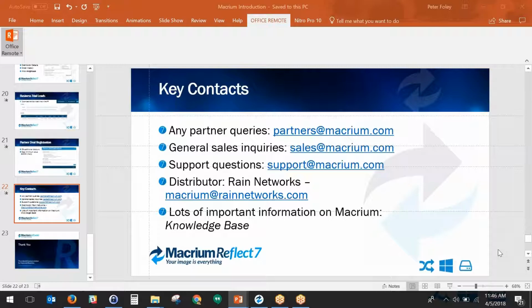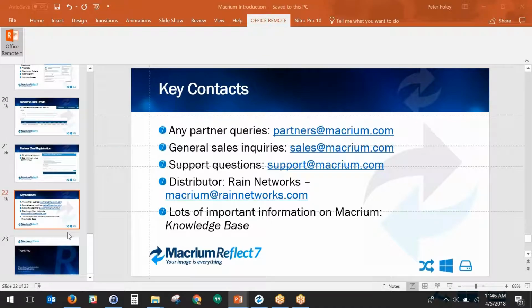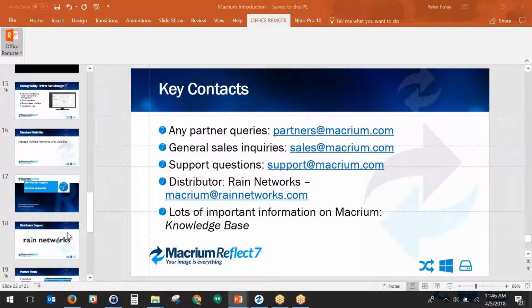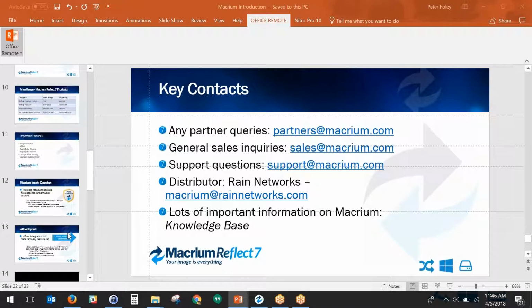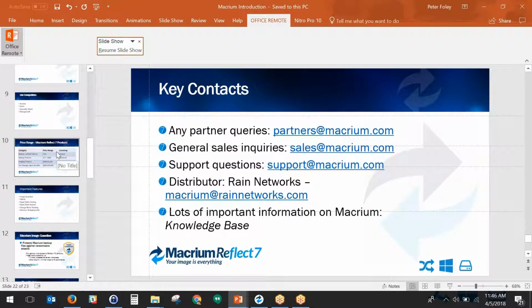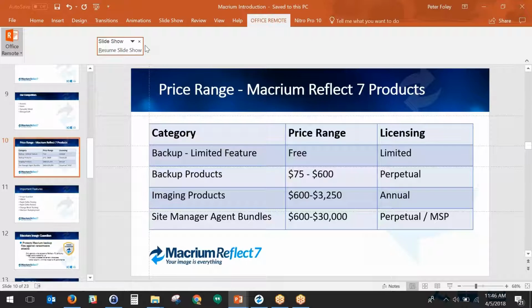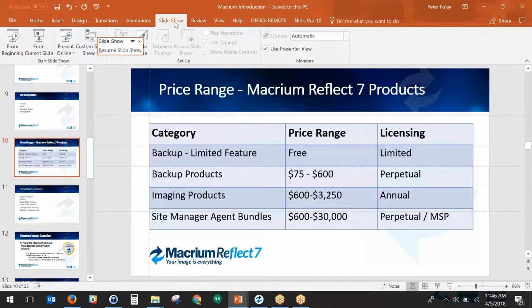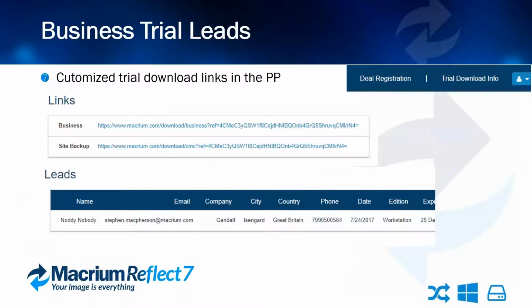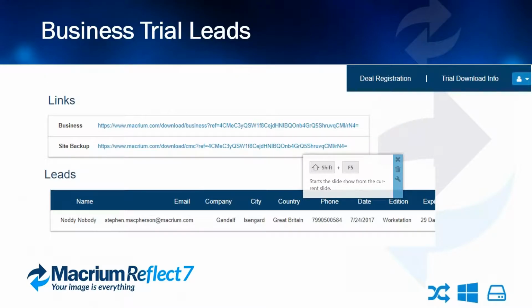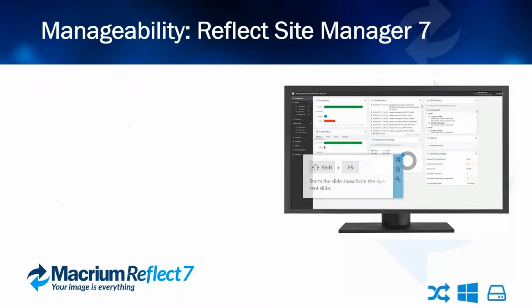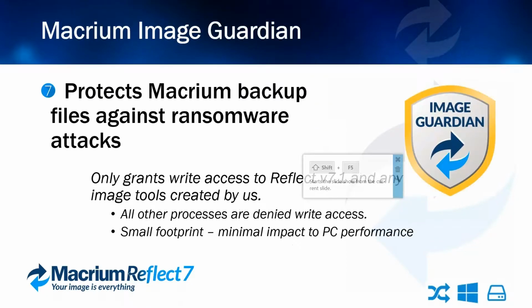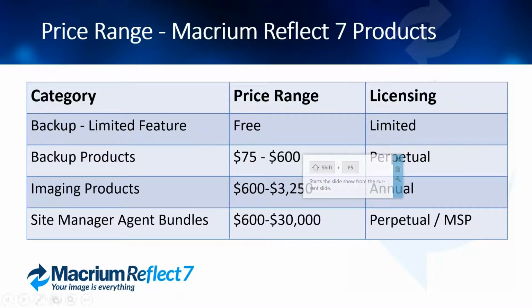So, basically, we have our workstation products that do laptops and PCs, and then we jump into the server products, which do the standard servers and then servers with SQL and Exchange instances running on them. And then we move into the Site Manager bundles, which do each of those. The workstation products generally come in at $75 apiece, and then we do a bulk discount starting at 10.